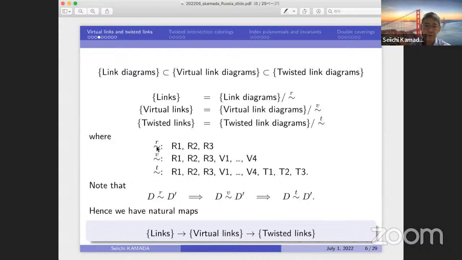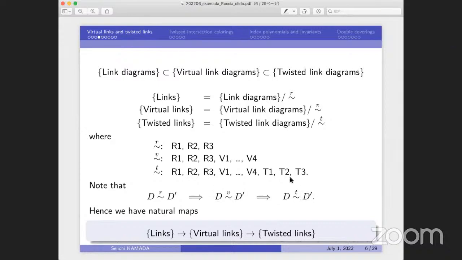Reidemeister equivalence is generated by these, virtual equivalence by these, and twisted equivalence by these. Obviously, if D and D prime are Reidemeister equivalent, then they are virtually equivalent, and if two diagrams are virtually equivalent, then they are twisted equivalent.